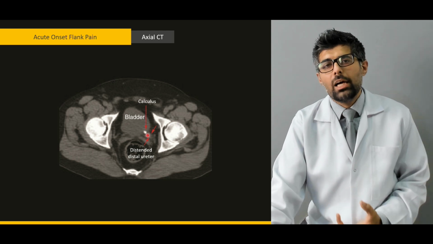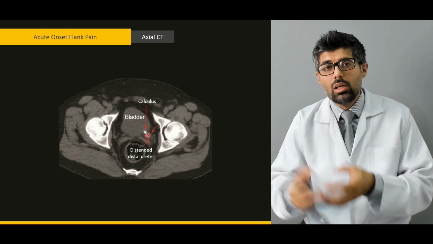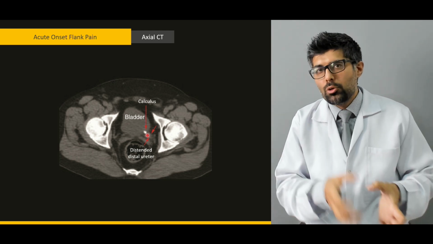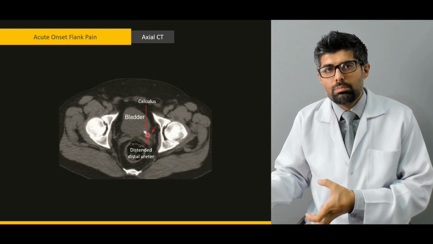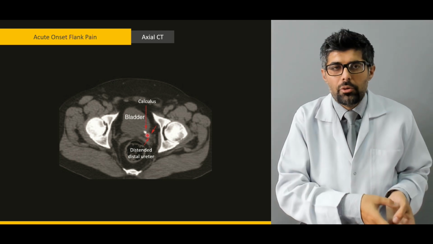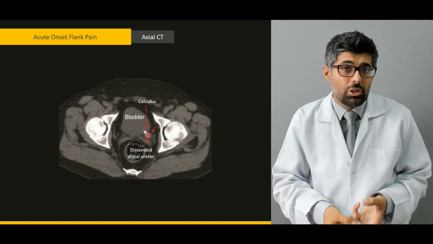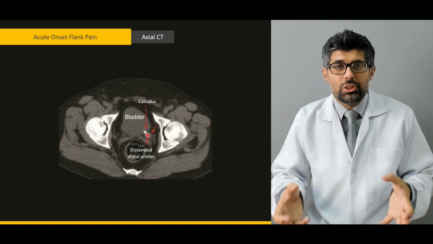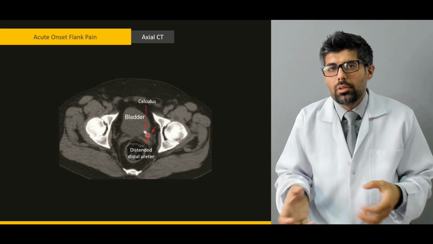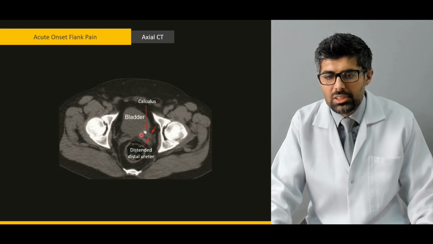This usually happens if the calculus has lodged in the ureterovesical junction, that is the junction between the urinary bladder and the ureter. If the calculus is lodged there, then distension of the ureter is usually observed, and that is the case that is happening here.